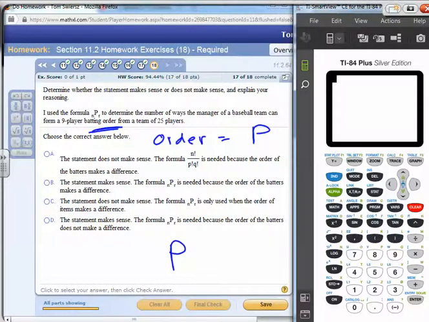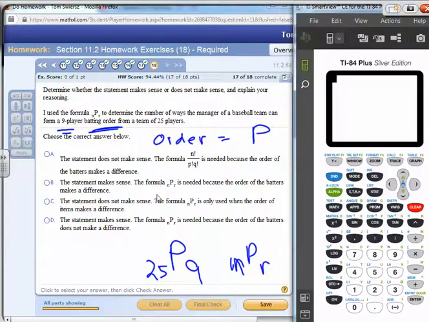So it's a permutation, order matters, there's a total of 25, and we're going to select 9. So 25P9, or the nPr formula. And again, order matters, so it's a permutation. Okay, so then that is definitely a true statement.